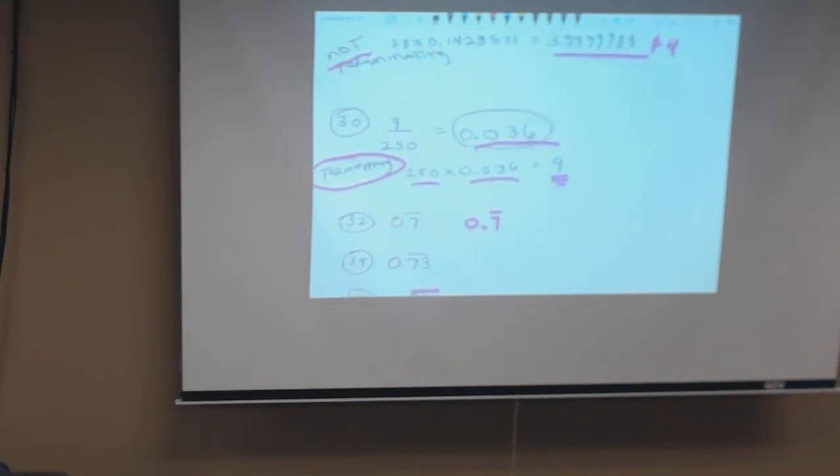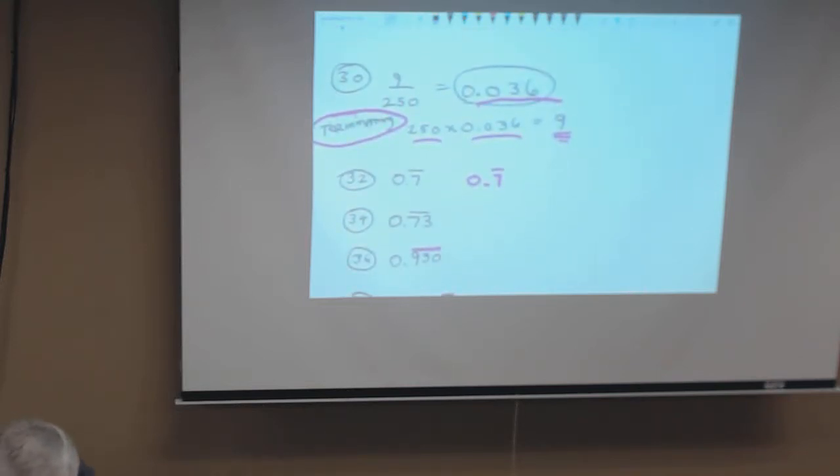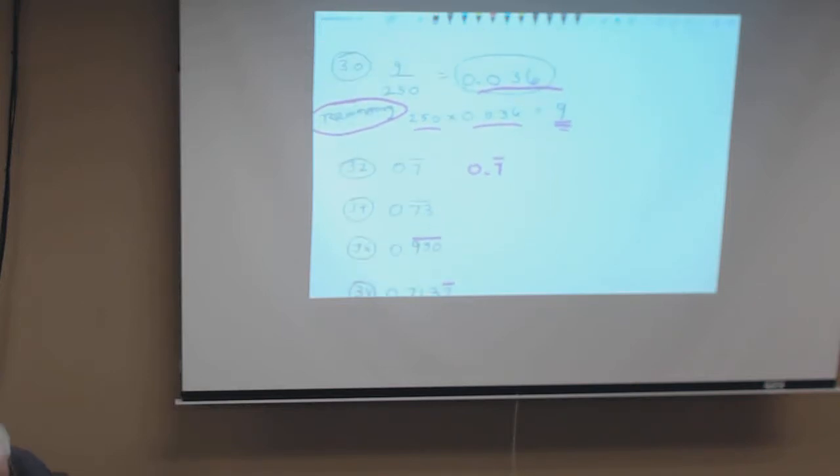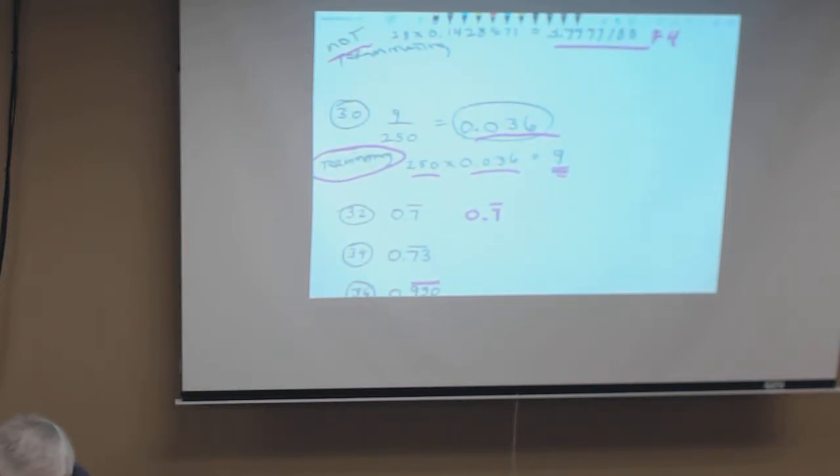All right, number 30. What are we doing here? 9 over 250. I took 9 divided by 250.